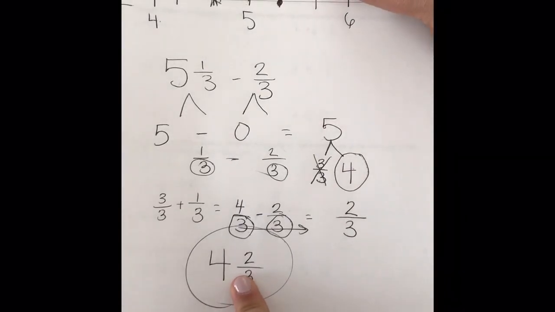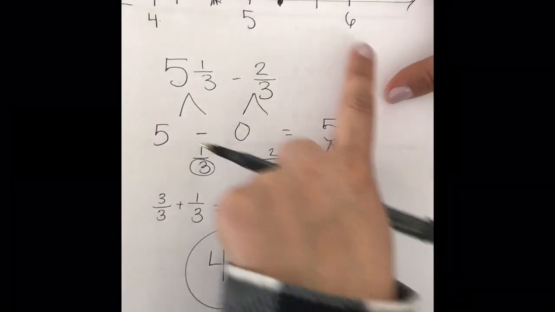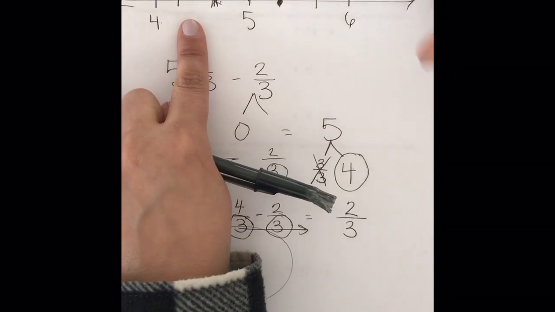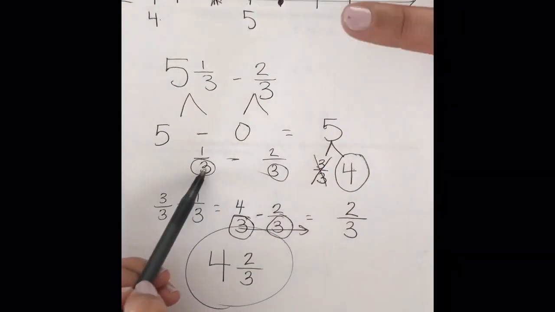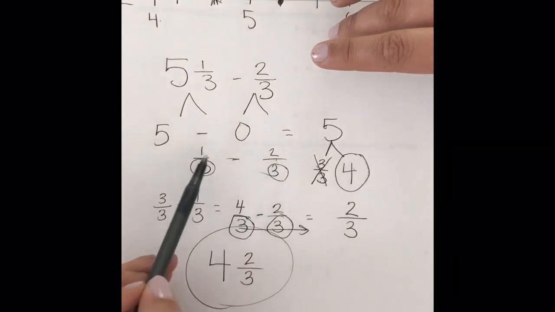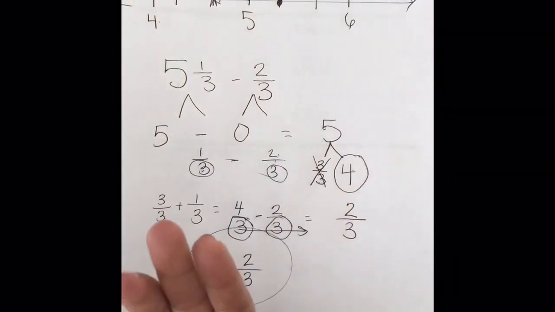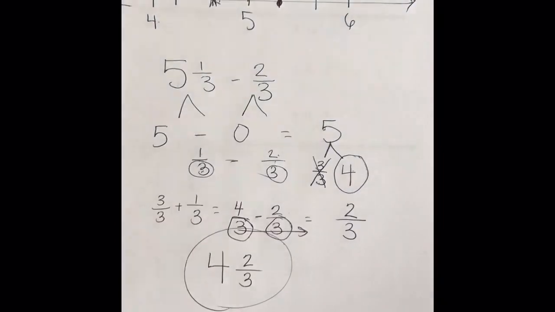The same as up here. Now, me personally, I think the number line was an easier way to get to that answer, but both work. Just make sure you remember that you can't have 1 and take 2 away, so you would have had to, in a sense, borrow from your whole number. Okay, guys?